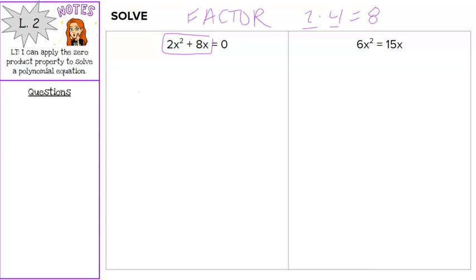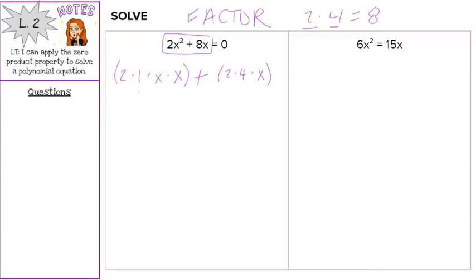So 2x squared, I'm going to rewrite that as 2 times 1 times x times x. Because 2 times 1 equals 2 and x times x equals x squared. I'm going to kind of break it apart. Plus 8x, well, 8 can be rewritten as 2 times 4 times x.